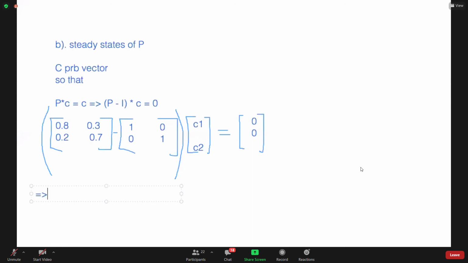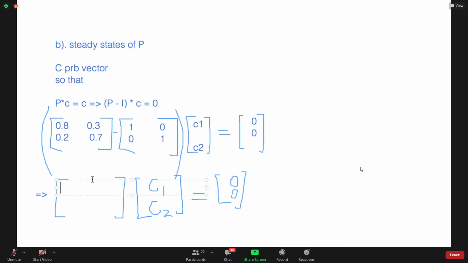Therefore, we'll start calculating our matrices. We first do this subtraction, then we multiply this subtraction by our probability vector C1, C2, and it should be equal in the end to the null vector 0, 0. Okay.